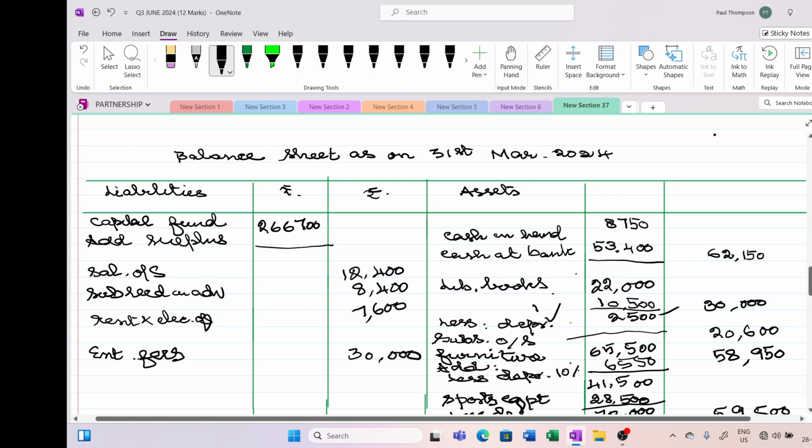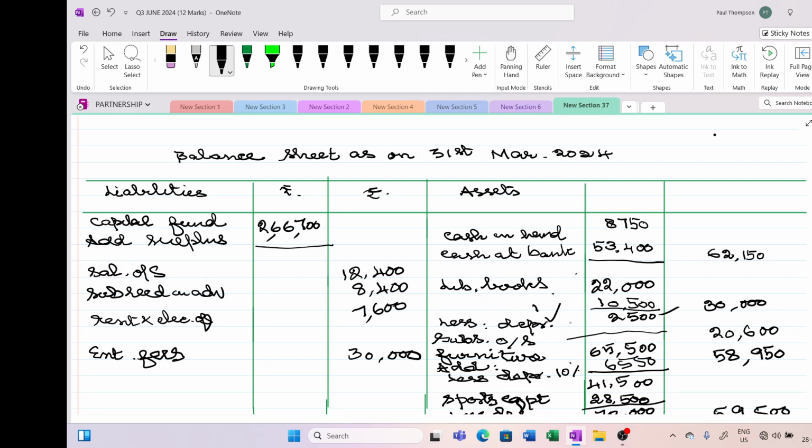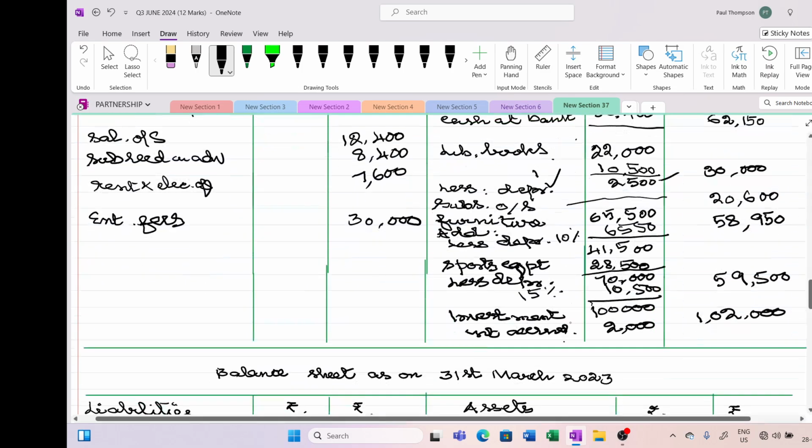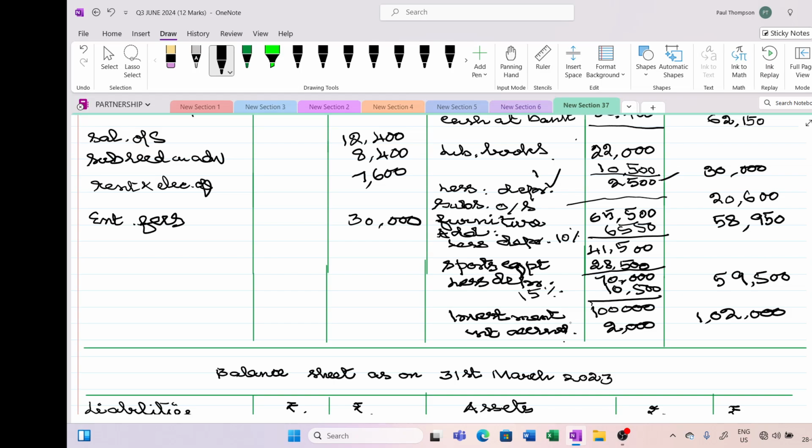We have to add any surplus from income and expenditure account. Then we got this 12,400, 8,400, 7,600 and 30,000. This side cash and bank balance has come, and 1,02,000 investment has come, and the subscription outstanding 58,950, 59,500, and library books also has come.